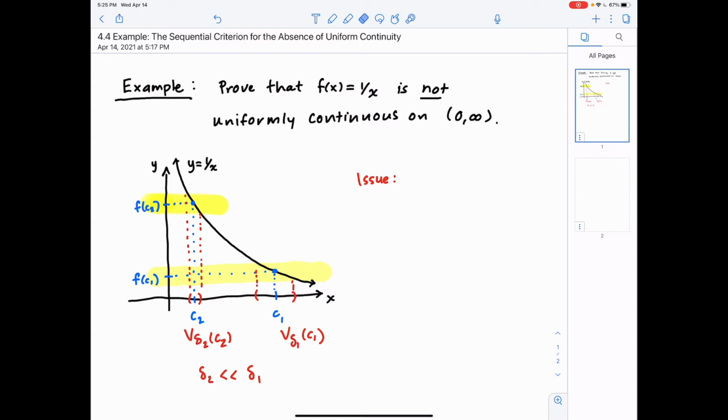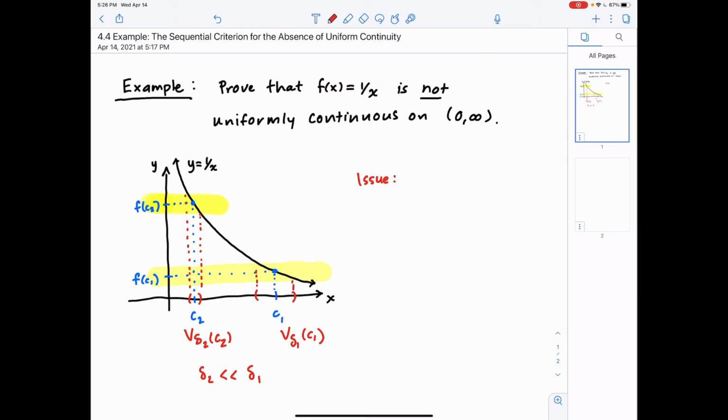And before we take a look at that criterion, I just want to remind you what's going on here, why we should have intuition that this function is not uniformly continuous on the interval 0 to infinity. So take a look at this graph.